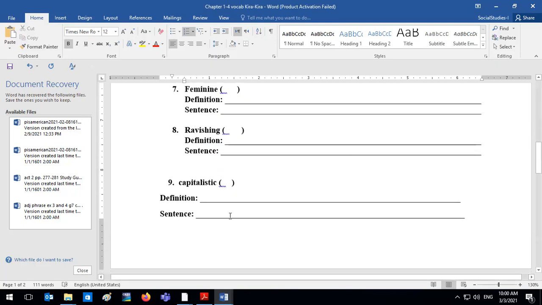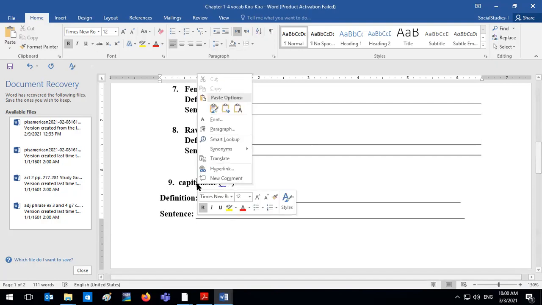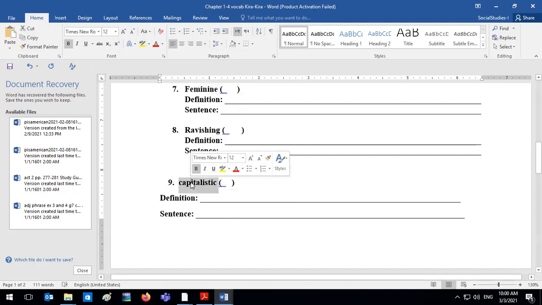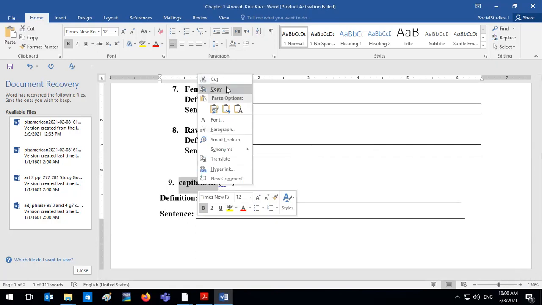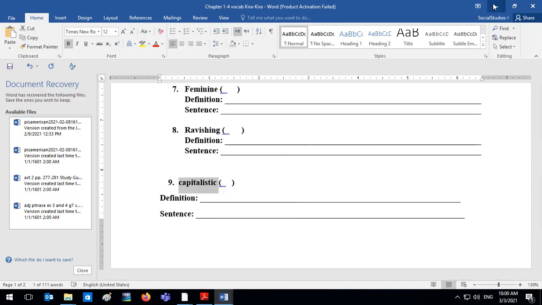Capitalistic comes from the idea of capitalism. I'm going to show it to you in a dictionary.